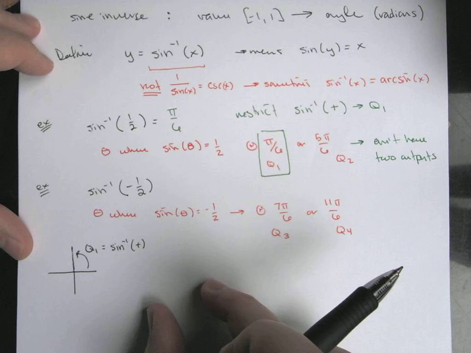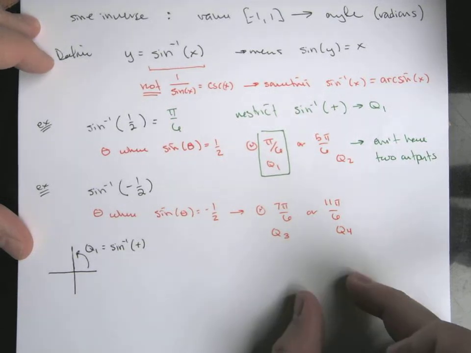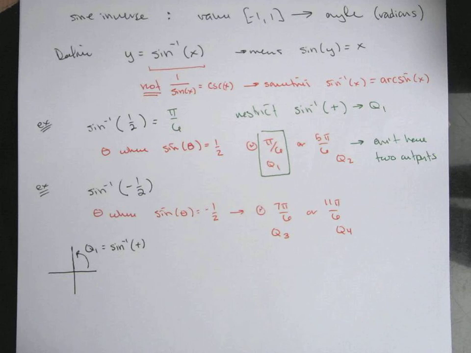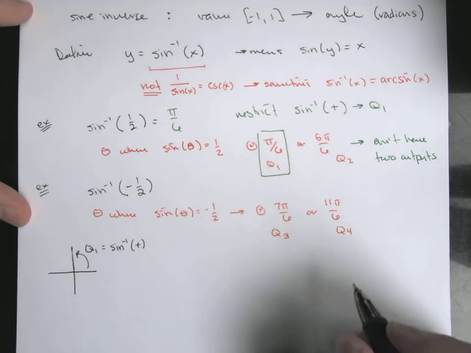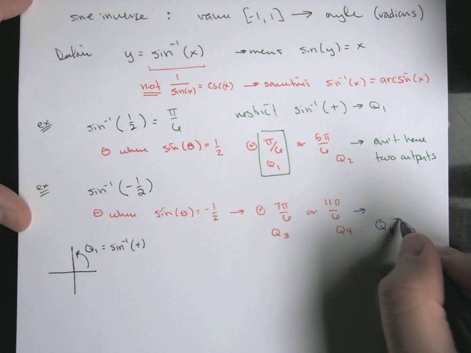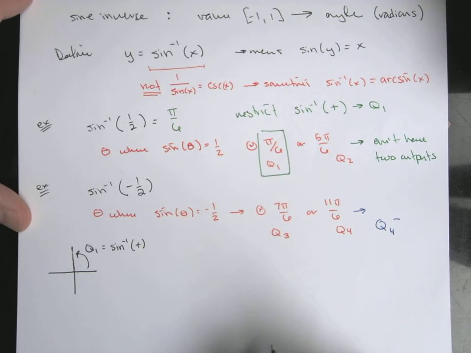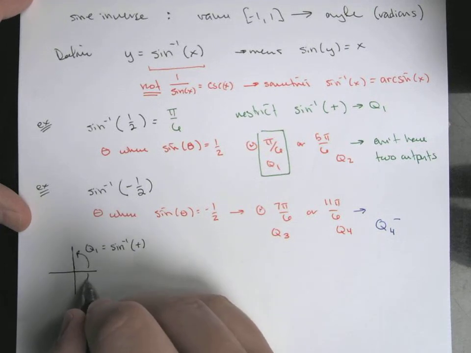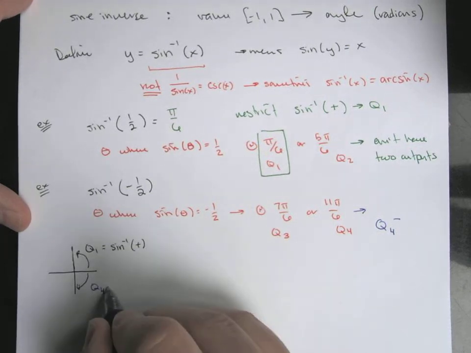It's still this sort of weird chunking up of the angles, right? A section here and then another section here. So what we're going to do is use quadrant 4, but we're going to use negative versions. So 11 pi over 6 would be here. Another way to get into quadrant 4 would be to do a negative rotation.